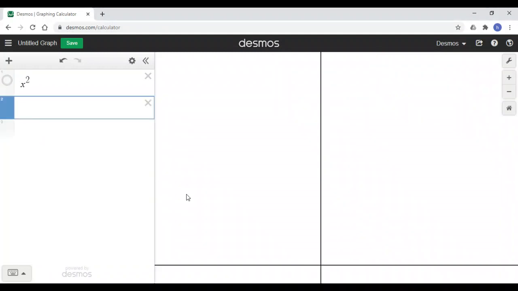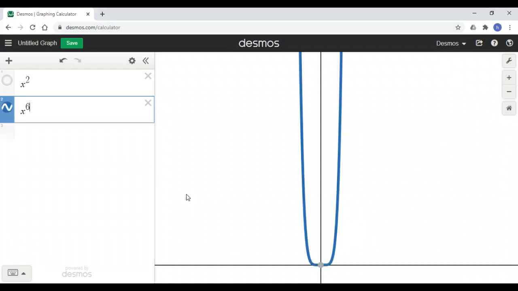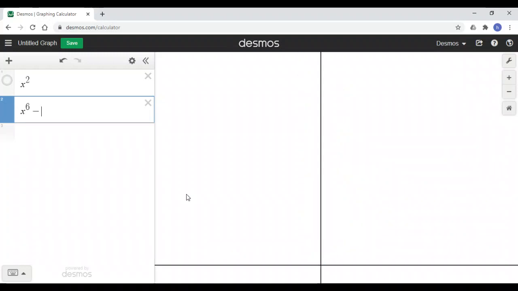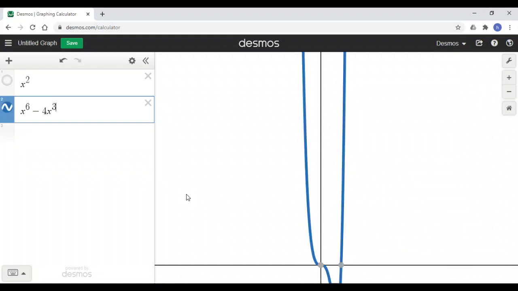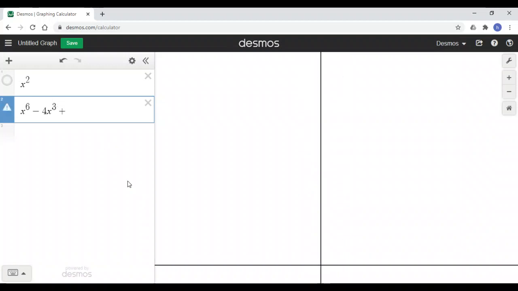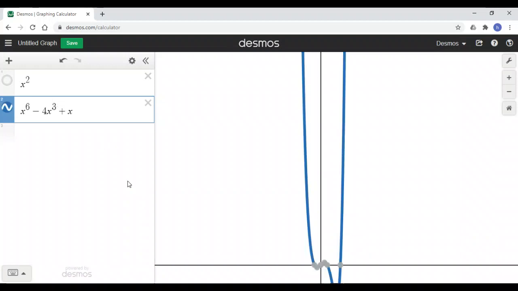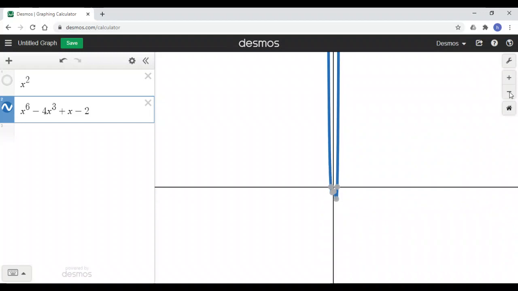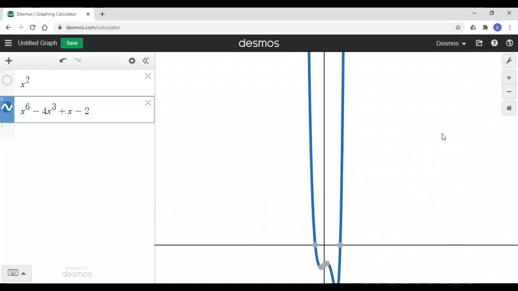So how about x to the 6 minus 4x cubed. Whichever power comes after the degree of the polynomial doesn't matter anymore. Maybe I zoomed it out a little too far.